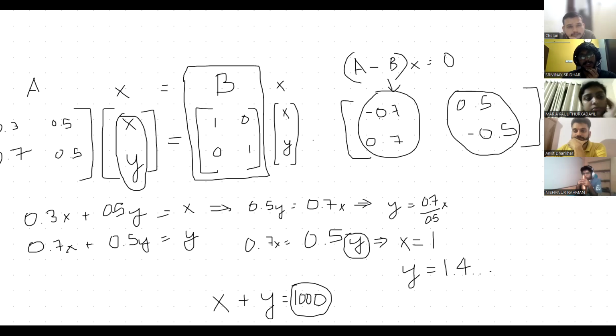For this 2 cross 2 matrix, the null space happens to be a line. Earlier, I thought that the null space was only the origin, but here we have some different points.